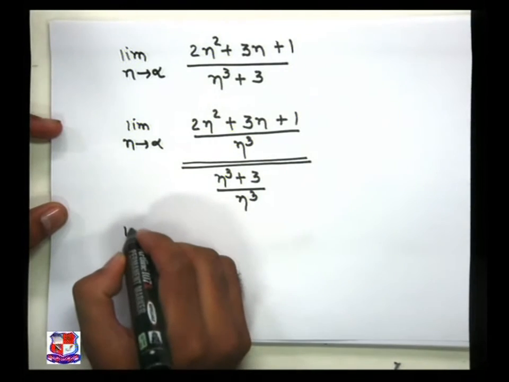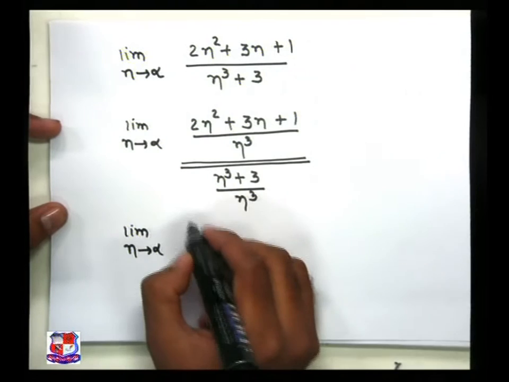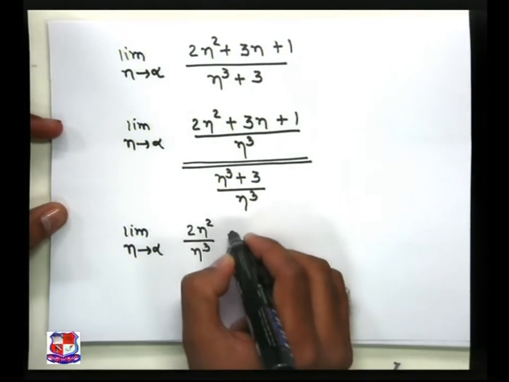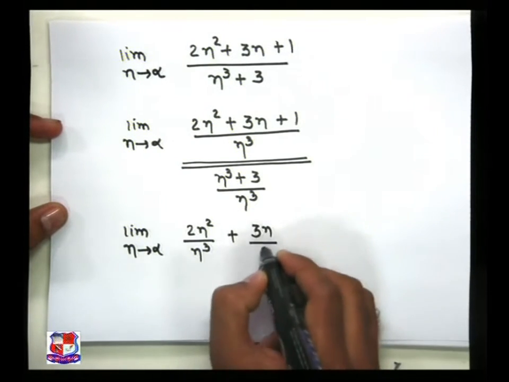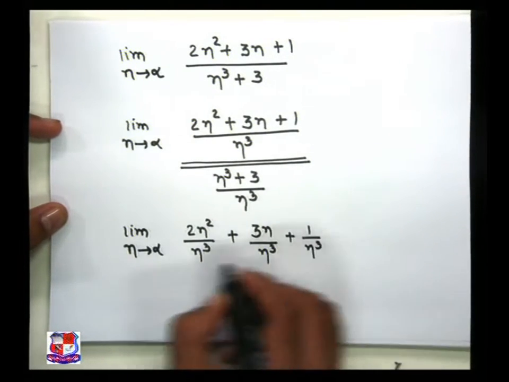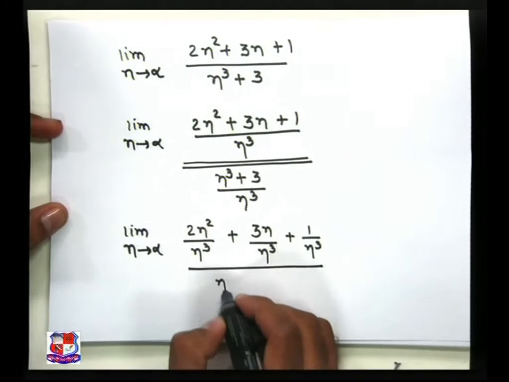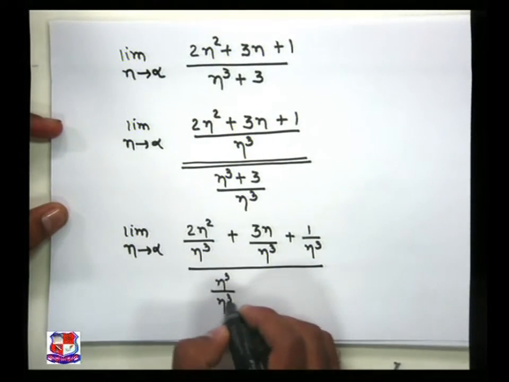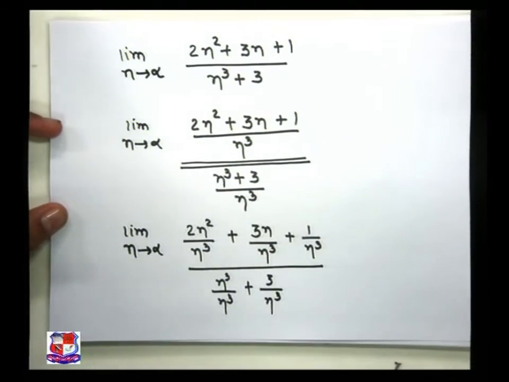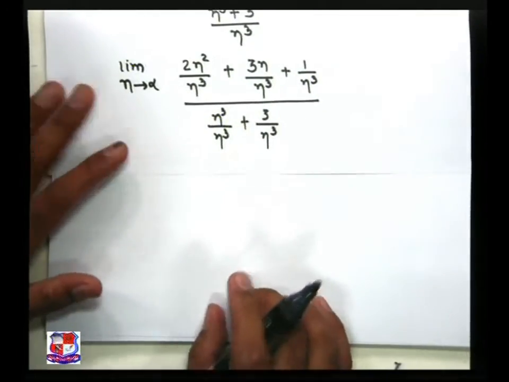So our next step: limit n tends to infinity, 2n square divided by n cube plus 3n divided by n cube plus 1 divided by n cube, over n cube divided by n cube plus 3 divided by n cube. Now we want to solve the n cube terms.